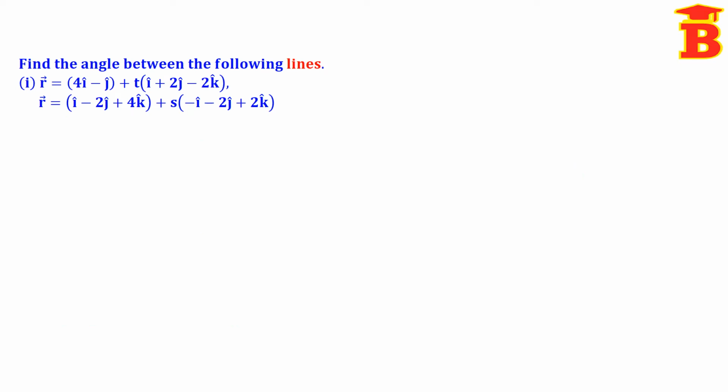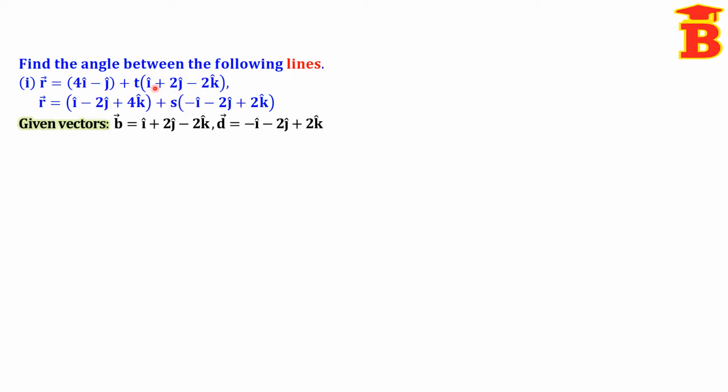Now let us see the problems. Find the angle between the following lines. So two straight lines are given. From this we have to take the vectors. See this first line, this constant t into bracket, so this is only vector.